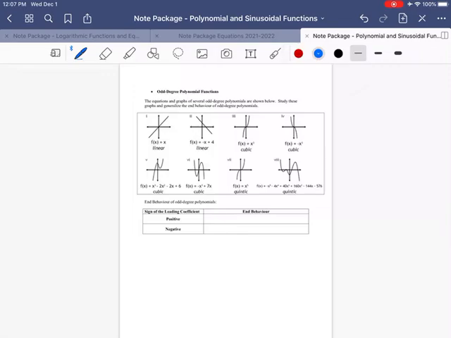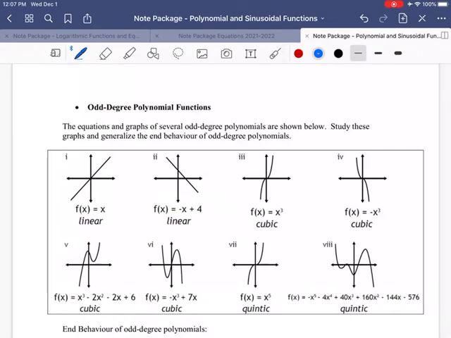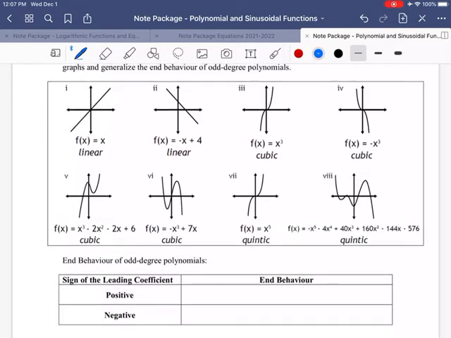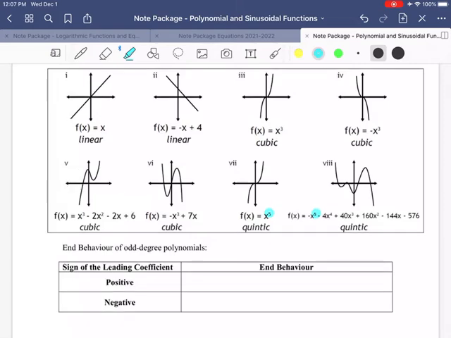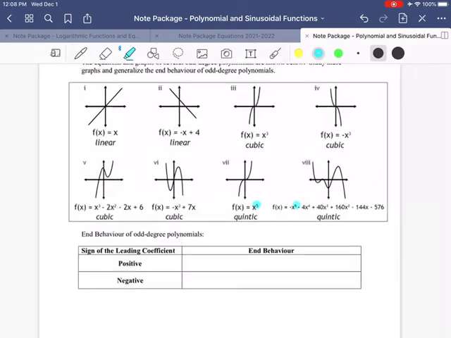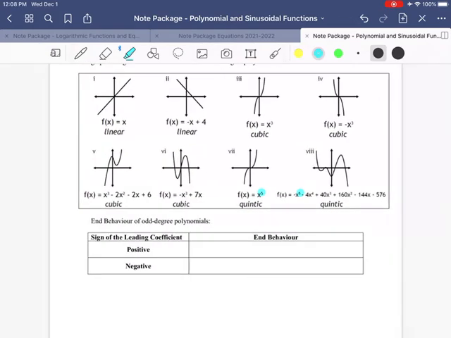And the last thing we're going to talk about is odd degree polynomial functions. So that means your exponent is an odd number. So we've got linear, linear, cubic, cubic, cubic, cubic, quintic, quintic. So quintic means 5. Okay? And let's go through the end behavior.